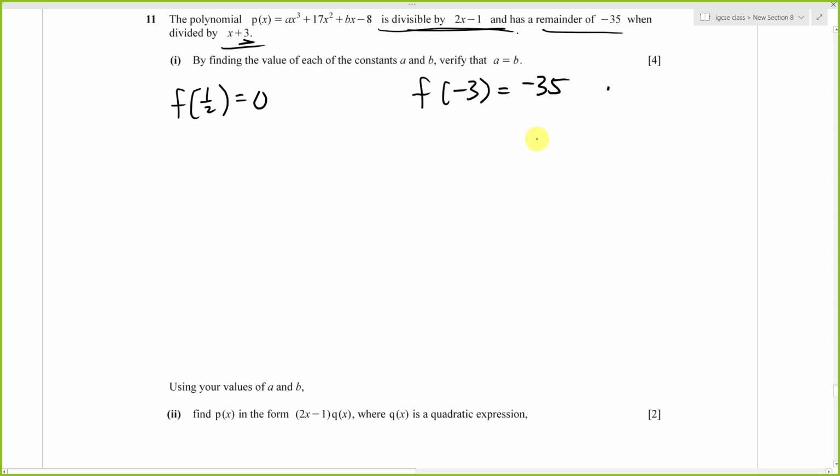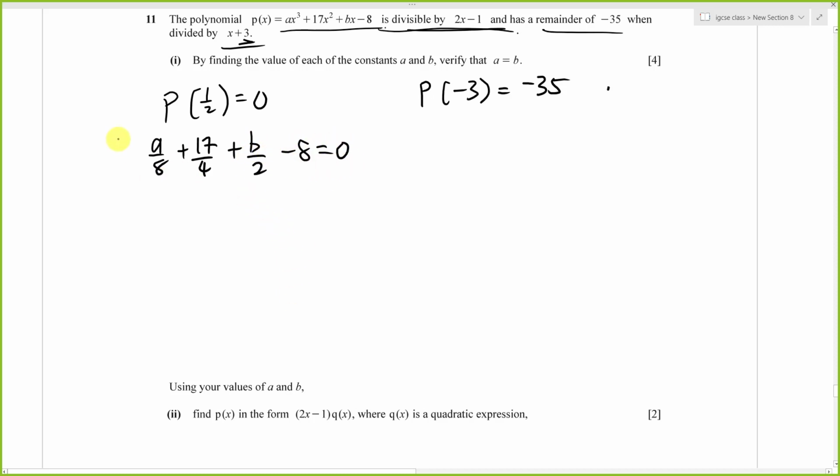So from here you can see I will actually have 2 equations. Then I will just do the simultaneous equations in order to get a and b here. By the way, this is p of x, so I cannot use f here. I have to use p back. Right, so plug into p of x. So I get a over 8 plus 17 over 4 plus b over 2 minus 8 equals 0.